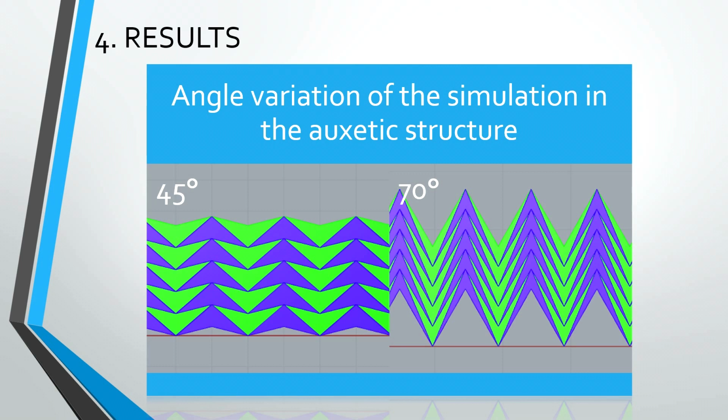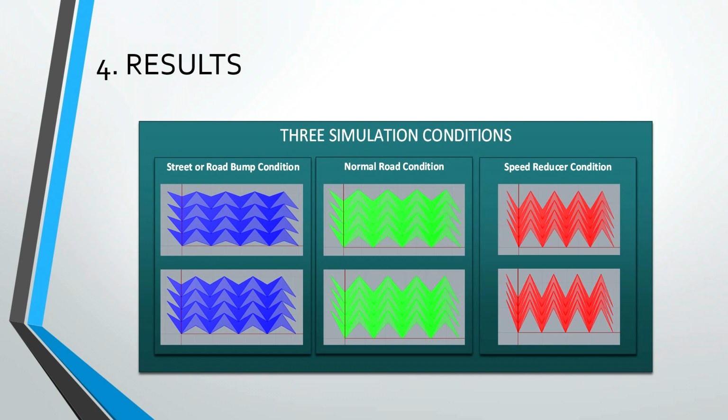We have the results at 45 degrees in angle in the auxetic structure and 70 degrees. In the simulation conditions, we have the three results: a street or road bump condition. As you can see, the structure is wider.